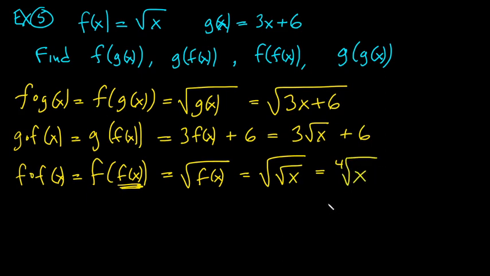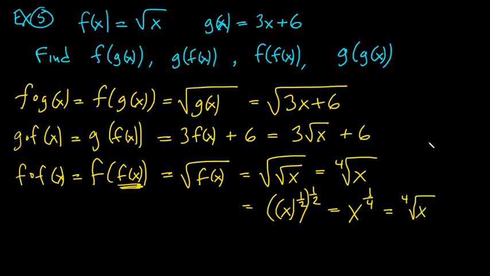If you remember that the square root of x is x to the power 1/2, by doing it again, you raise it to the power 1/2. And 1/2 times 1/2 is 1/4. And that means it's the fourth root of x.